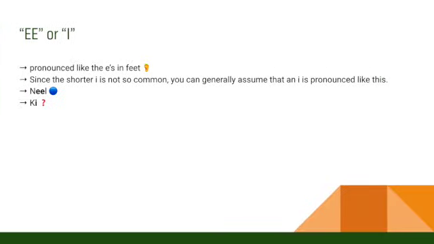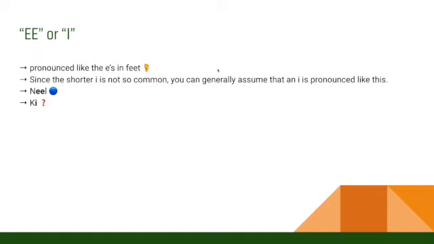Next we have I. So this is pronounced like the I in fish, but it's not a common letter. I only included it because it is in some words, but not often. Now we have double E or I. This is pronounced like the E's in feet.